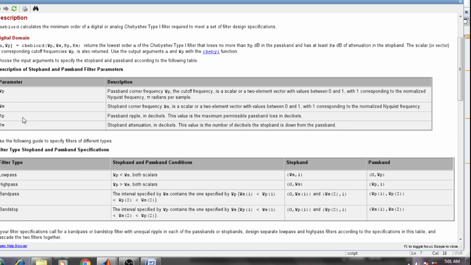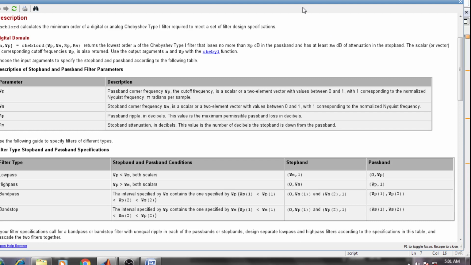Now about these two parameters that we have seen, similarly two more parameters are there, that is Rp and Rs. Rp is the passband ripple and Rs is the stopband attenuation. Both are defined in decibels. These values are the maximum permissible passband loss in decibels, as well as the number of decibels the stopband is down from the passband.